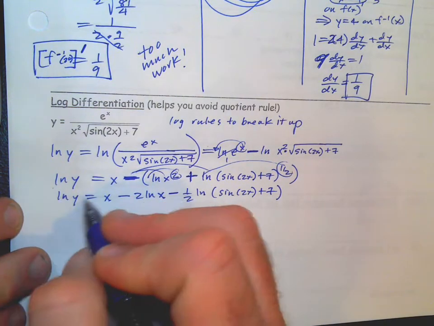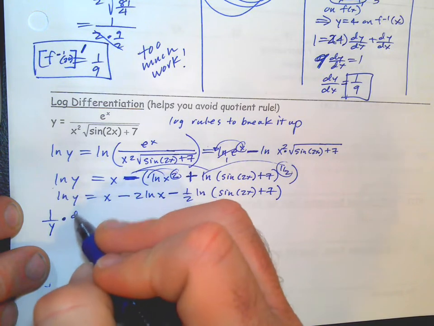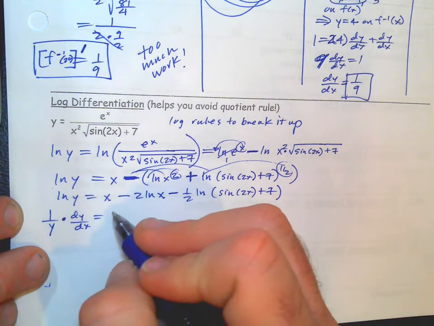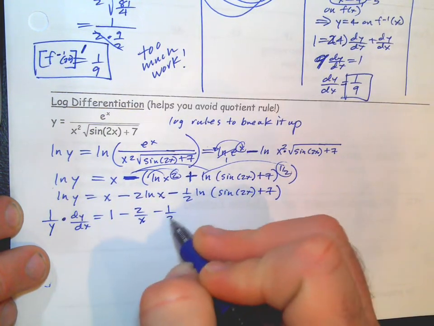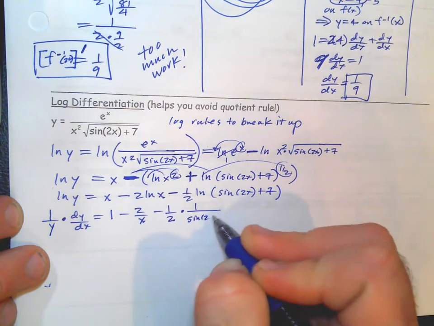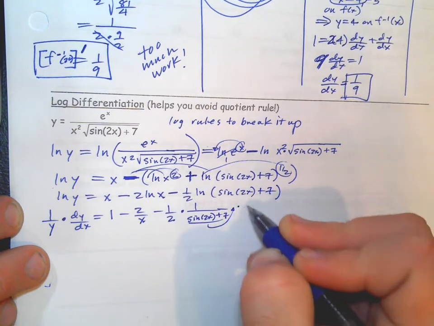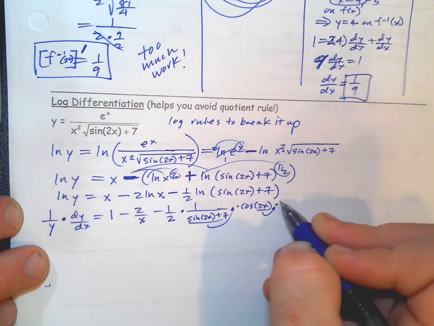So now when you take the derivative, you're doing it implicitly though. 1 over y dy dx. Really small implicit over here. Derivative of x is 1, minus 2 over x, minus 1/2 times 1 over sine 2x plus 7, times the derivative of what's inside, cosine 2x, times the derivative of what's inside that, 2.